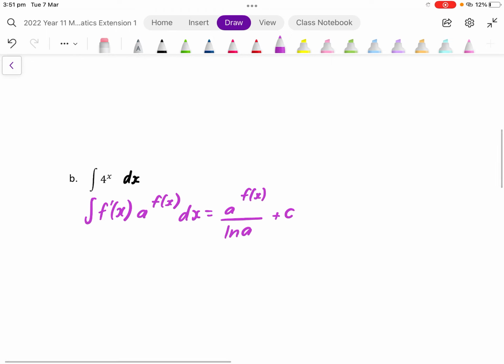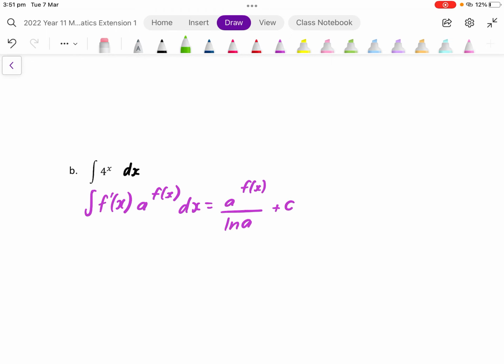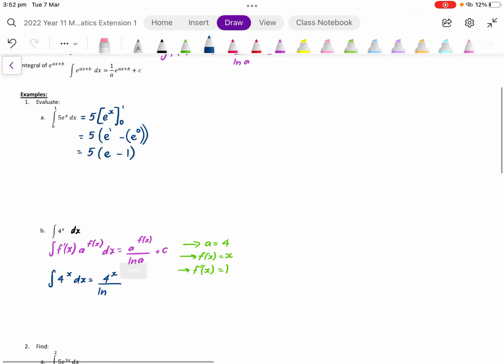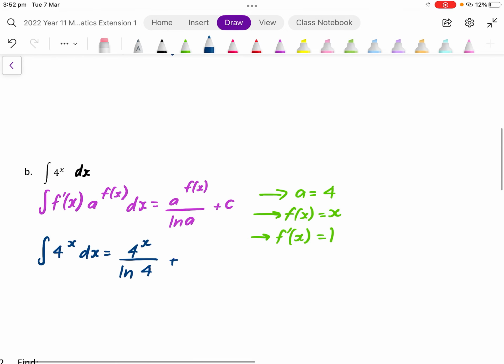So we have our a is 4 here, and our fx is equal to x. So our f dash x is just equal to 1, so we don't need to worry about this right now. We have the integral of 4 to the x dx is equal to 4 to the x over ln of our a, which is 4, plus our c.